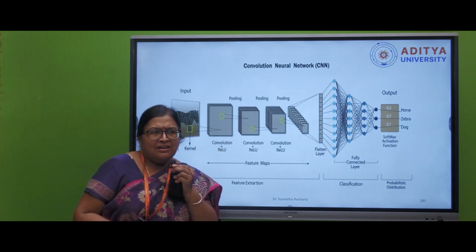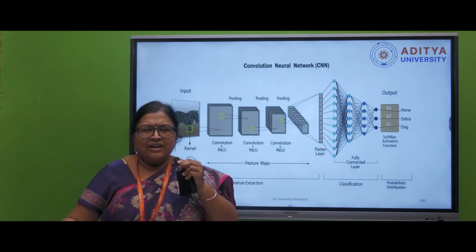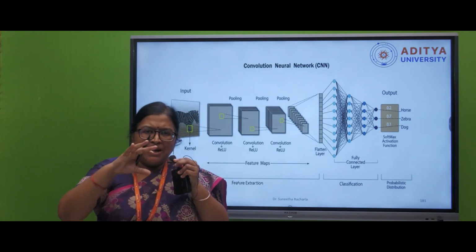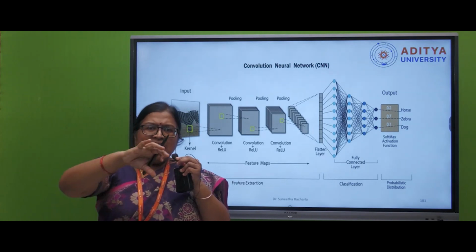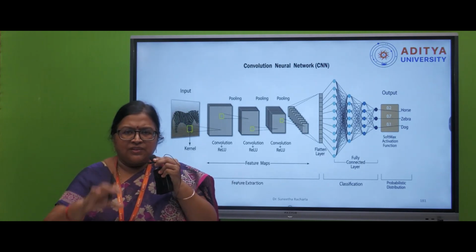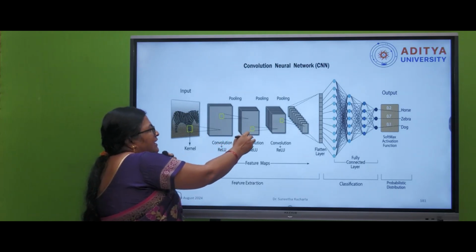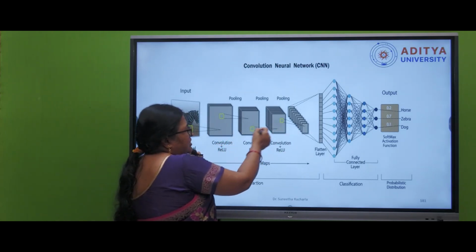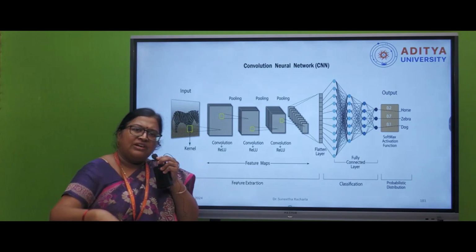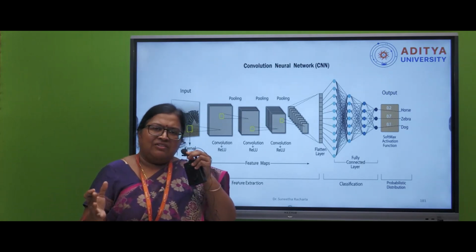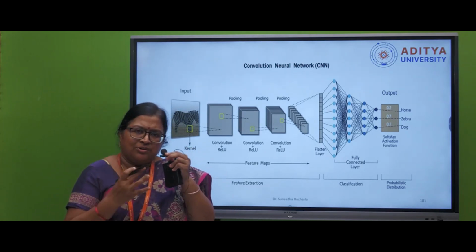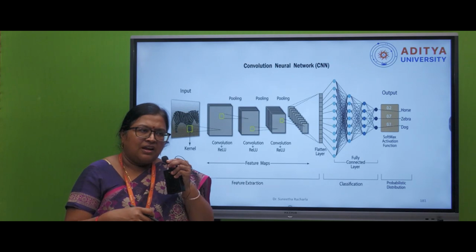Pooling is nothing but, if I have a 100 by 100 pixel image, by doing some operation I'll reduce that to 50 by 50. So reducing the dimension is pooling. Then again I'll apply the convolution operation, meaning I'll take one more filter, a bigger or smaller filter, whatever it may be.